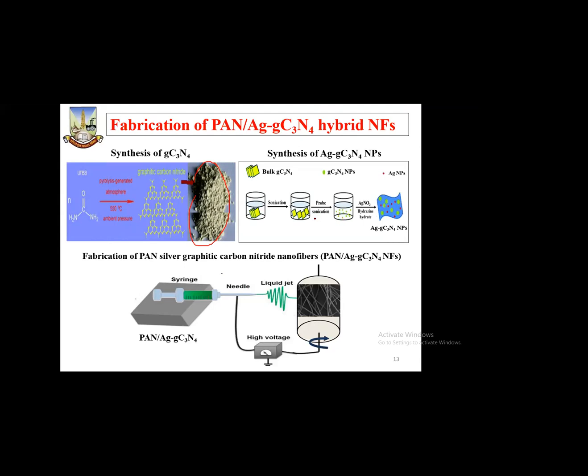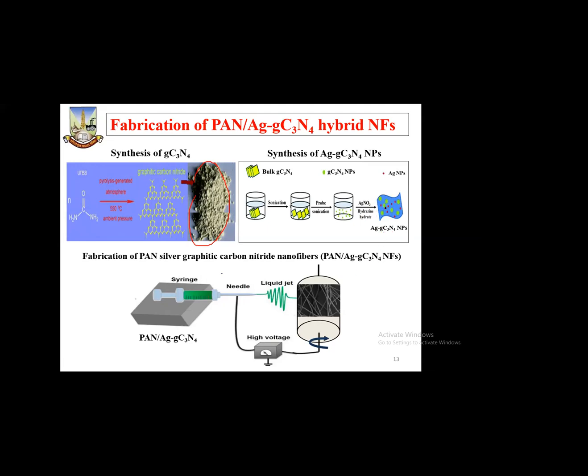With the help of the ultrasonic probe, then the solution of silver nitrate is mixed together. Then hydrazine hydrate is used as a reducing agent here. Then decoration of silver nanoparticles over the graphitic carbon nitride is observed like this.